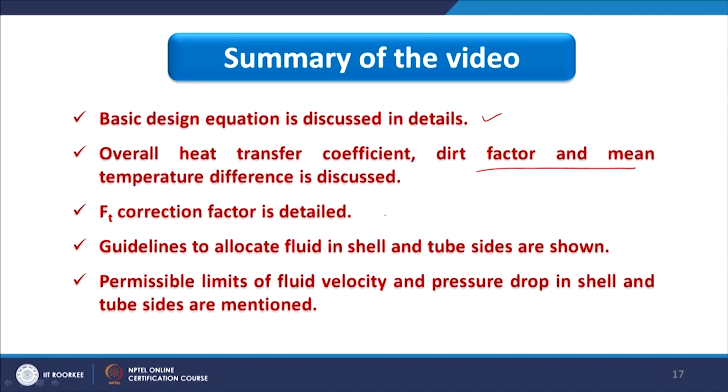We have discussed the FT correction factor in detail, and then guidelines to allocate fluid to the shell side and tube side, and after that finally we have discussed permissible limits of fluid velocity and pressure drop in the shell side and tube side. So, that is all for this lecture.